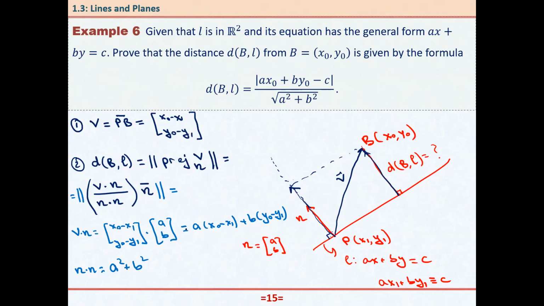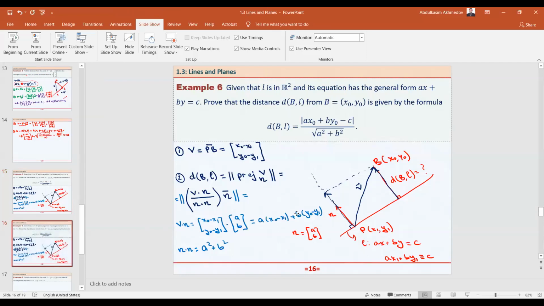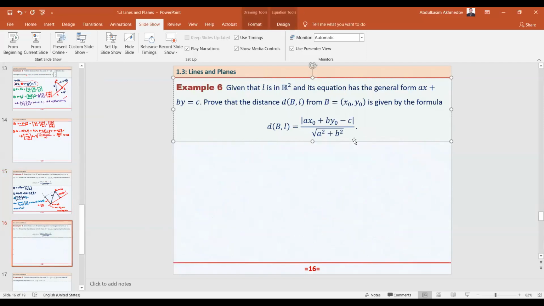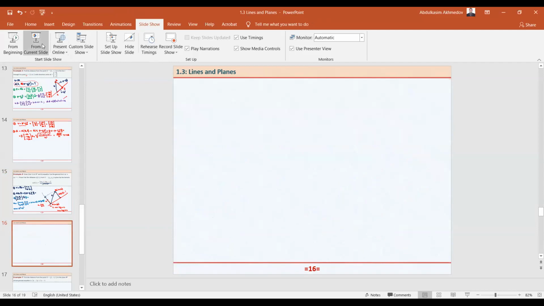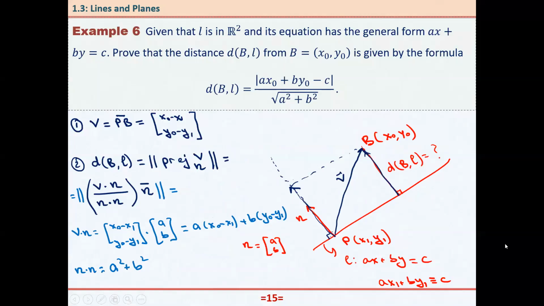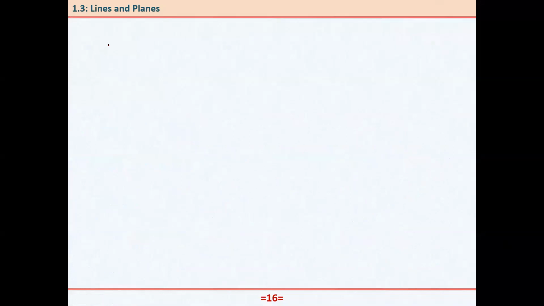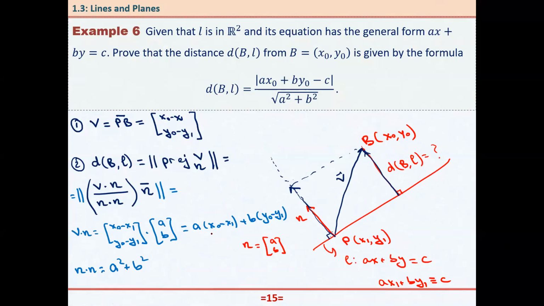Okay. So what we have here? Number one, we need more space. So V dot N is equal to A x sub 0, B y sub 0, minus A times x1, minus B times y1.